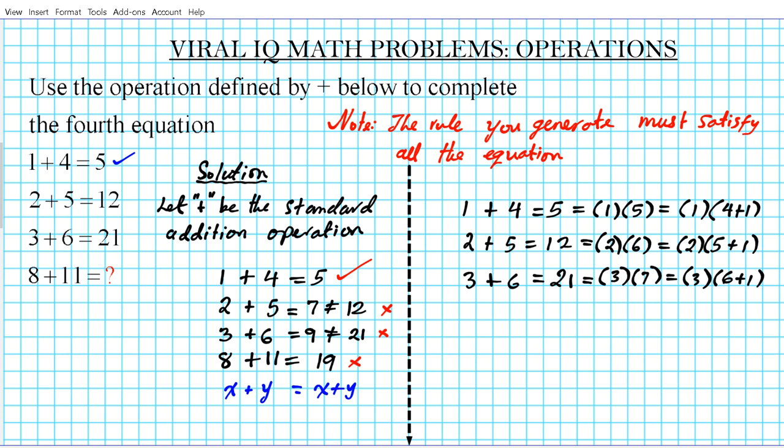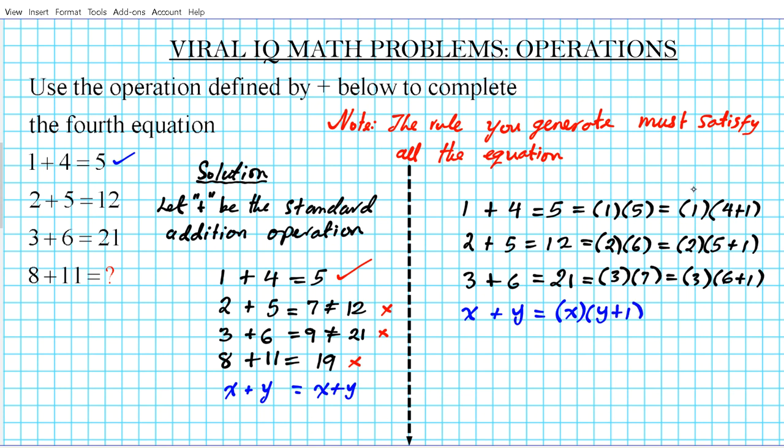Now let's write a rule for this relation that we have here. If you have a number x and this plus operation y, what's the rule going to be? It's going to be the first number, which is x, multiplied by the second number plus 1.